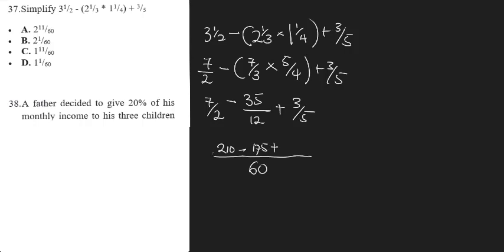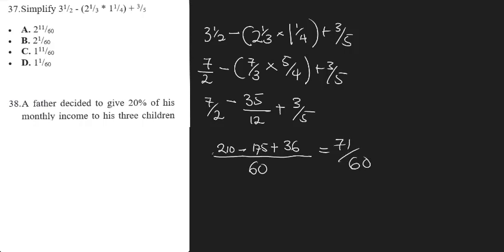Then we have plus 60 divided by 5 is 12, and 12 times 3 is 36. So 210 minus 175 plus 36, of course, we're going to have 71 over 60.